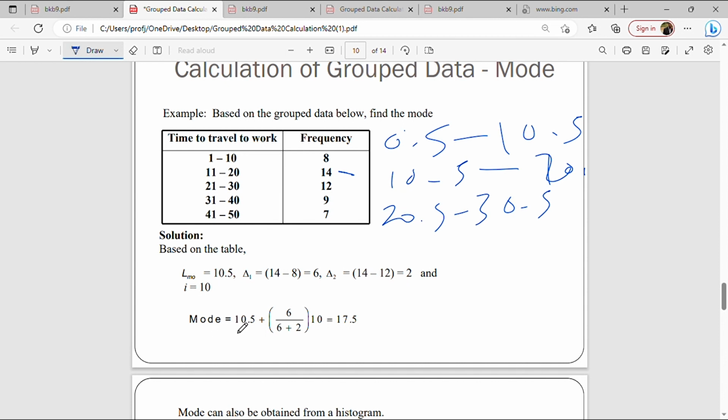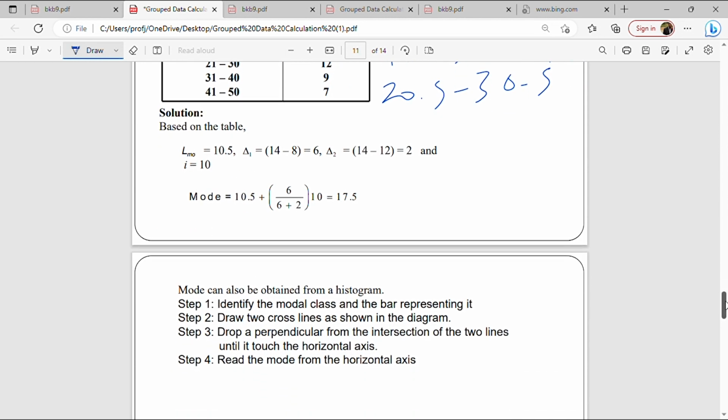So your mode becomes 10.5 plus, in bracket, 6 over 6 plus 2, in bracket 10, which is the width, equals 17.5. Once you sum this up, you get the value for your mode.